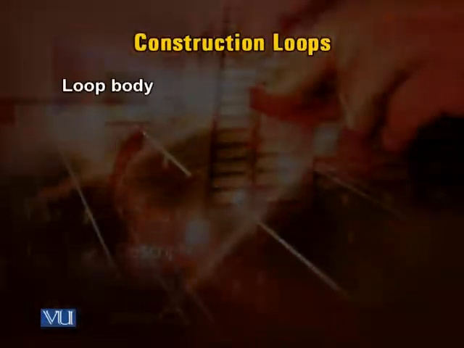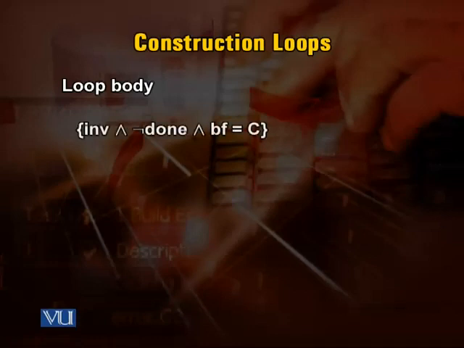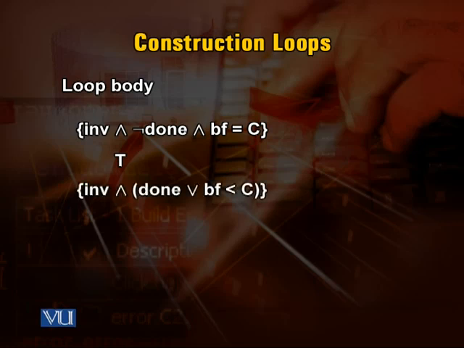We start with the invariant condition, and in order to get inside the loop body, we must have this invariant and not done, and the bound function has some value c. After the loop body T is executed, we must have our invariant condition. This invariant condition has to be intact.